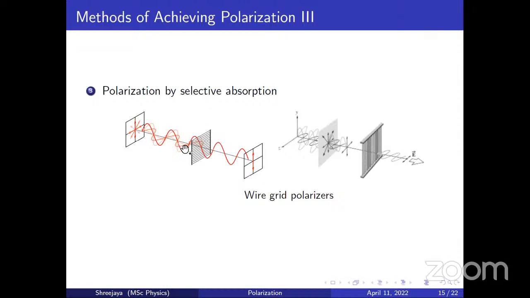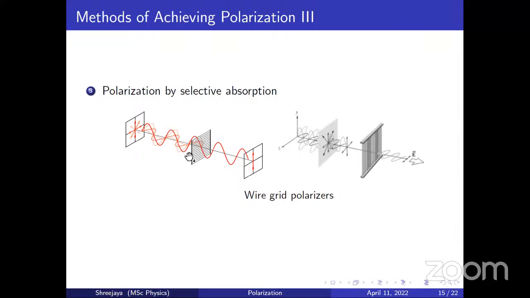So using something called a wire grid polarizer, we can obtain polarization. As you can see, we have parallel wires here. So when unpolarized light falls on it, only the component which is perpendicular to these wires is passed, and we can see it on the screen, or we can detect it basically.